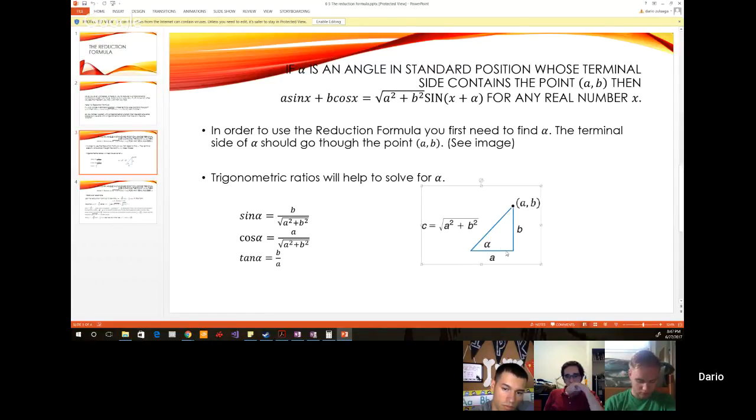Thankfully, we're always working with right triangles, so we know the sides. You can use any of these to find the angle, I guess. They're finding side c here, which I guess isn't necessary. We've got b over c, a over c, or b over a for tangent.